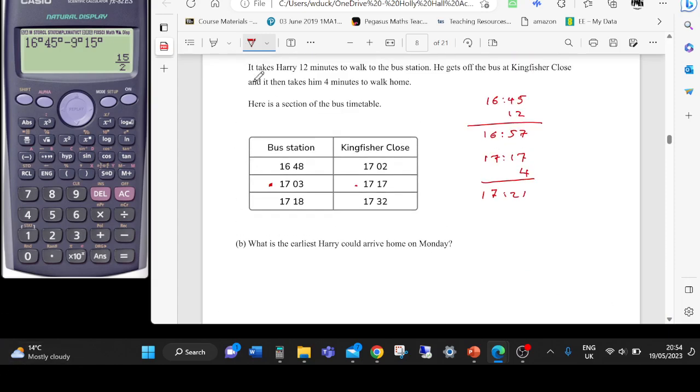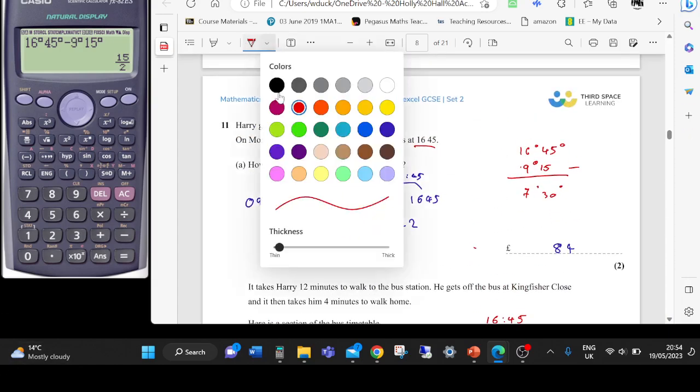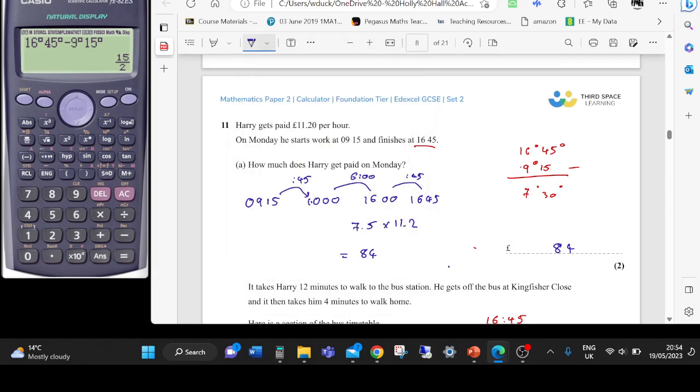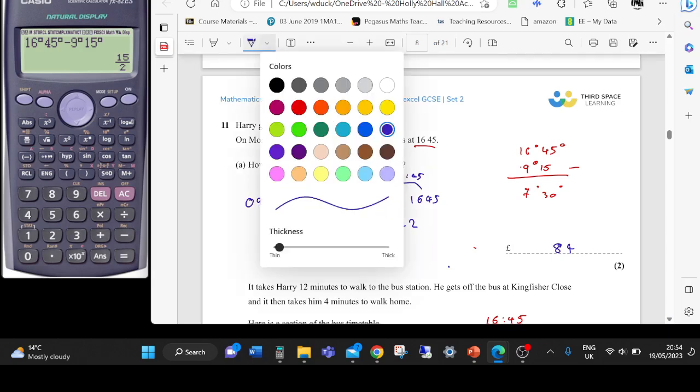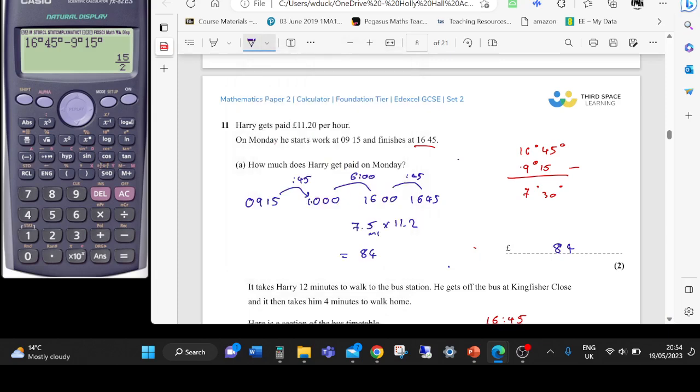Okay, and marks for that question then. So if we go to the first part, where are we? There we are. So it is M1 for 7.5. I hope if I use a colour that I've not already used, we'll go purple.